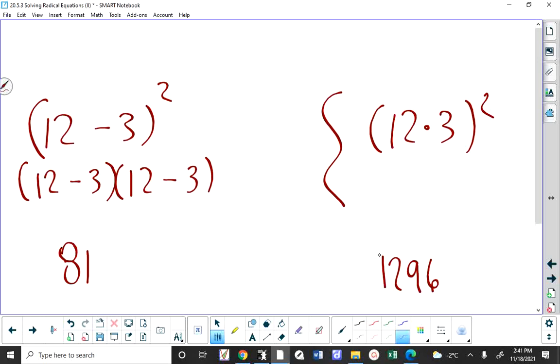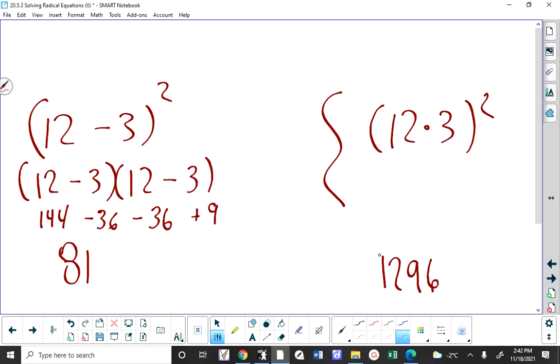And you're not asking about why we FOIL here. That's the distributive property, right? You go 12 times 12, 12 times negative 3, 3 times negative 12, negative 3 times negative 3. And you might just want to confirm to yourself that if you take 144 minus 36 minus 36 plus 9, you will in fact get 81. Okay?